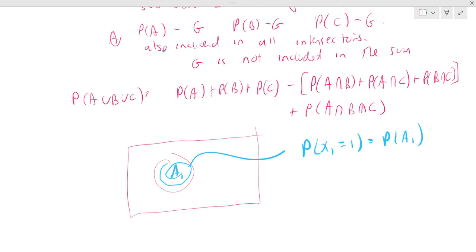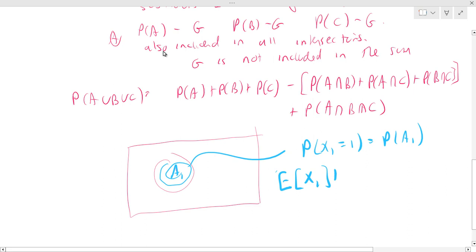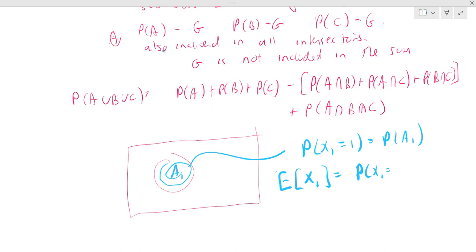Okay? So what's the expected value of X1? Well, X1 can take 2 values. It can take the value 1 or it can take the value 0. So the expected value of X1 is equal to the probability of X1 equal to 1 times 1 plus the probability of X1 equal to 0 times 0.